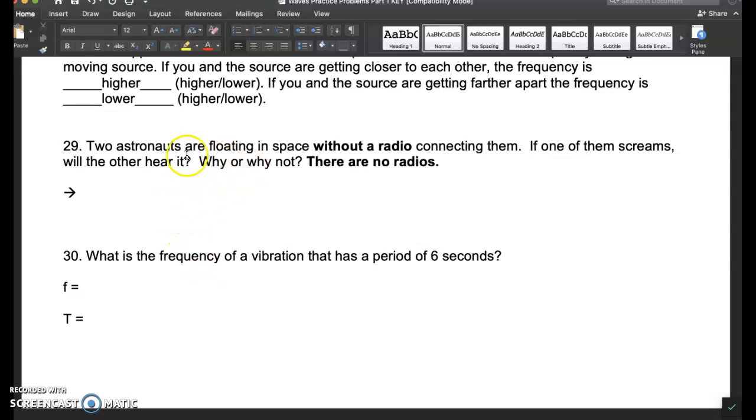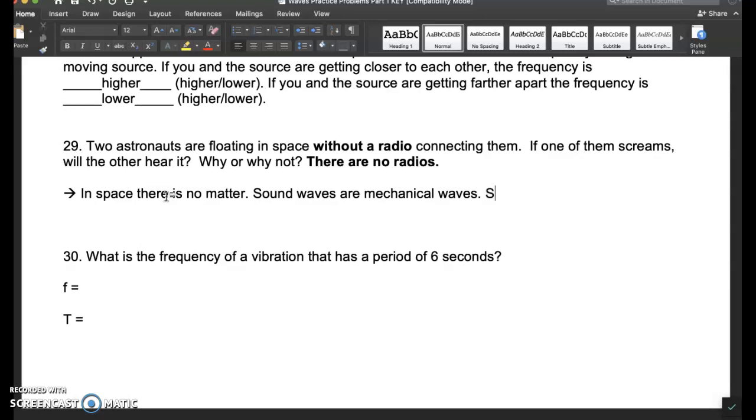So, two astronauts are floating in space without a radio. There are no radios. If one screams, will the other hear it? Now remember, in space, there is no matter. Okay, it's a vacuum. Sound waves are mechanical waves. And what I have to remember is, do mechanical waves require a medium?